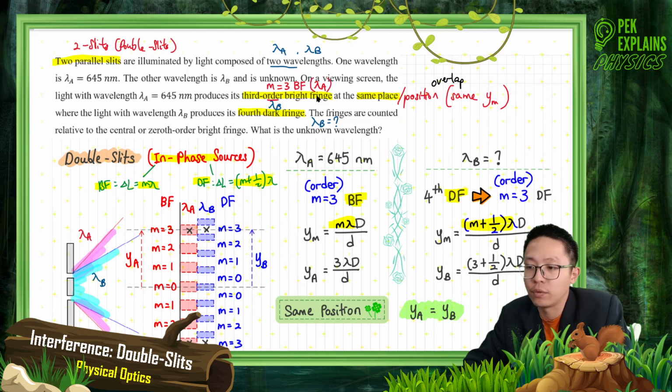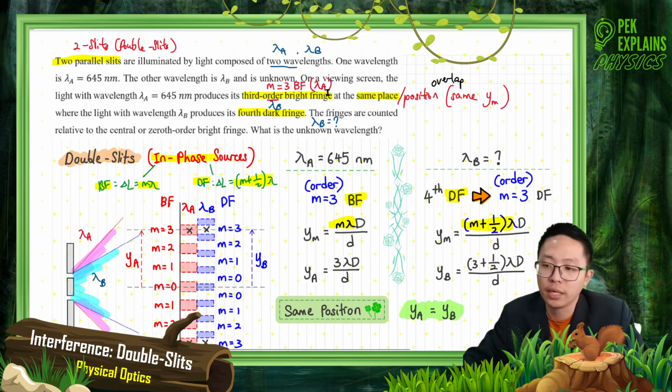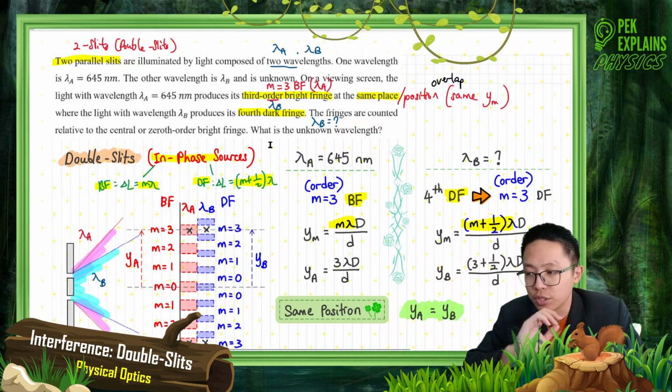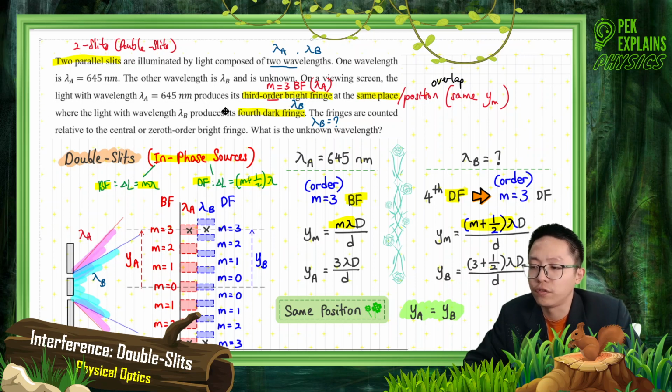This one is for lambda A, the third order bright fringe, at the same position as the fringe for lambda B, which is the fourth dark fringe. This one is not the order.